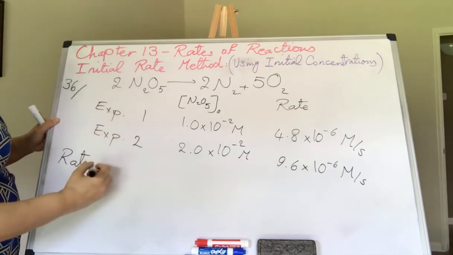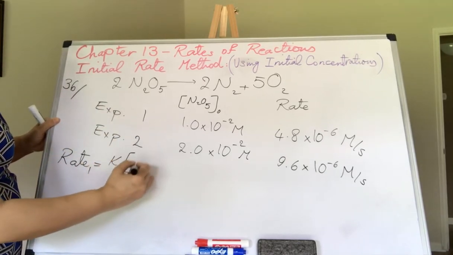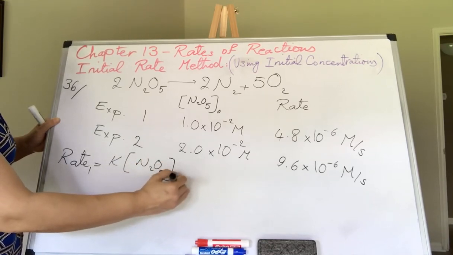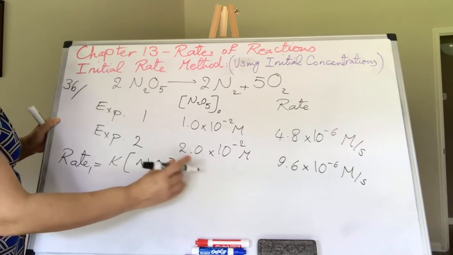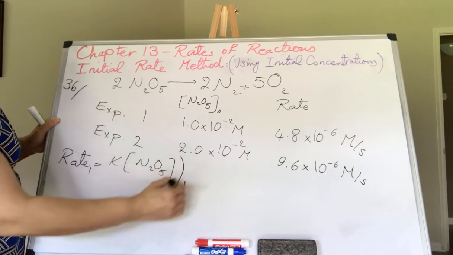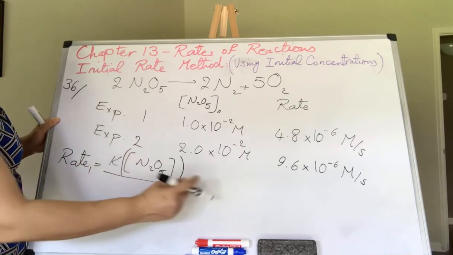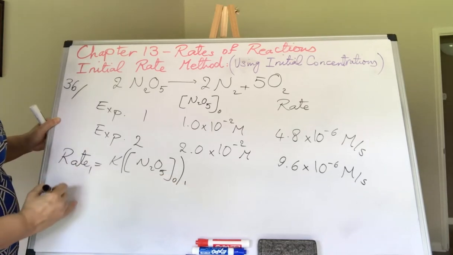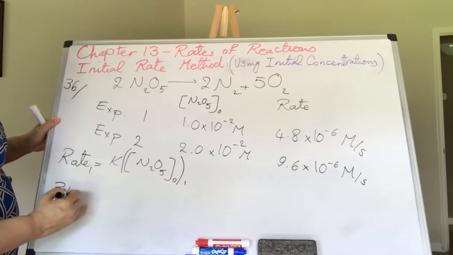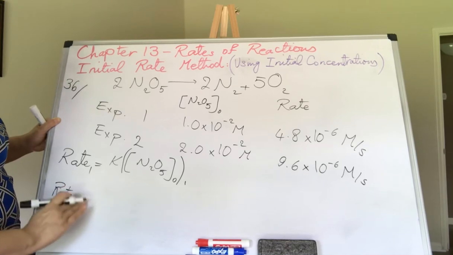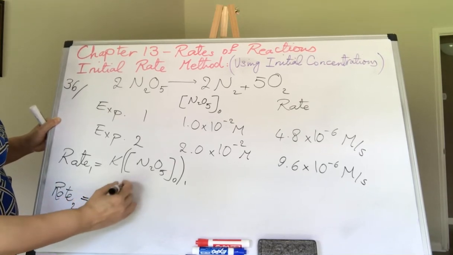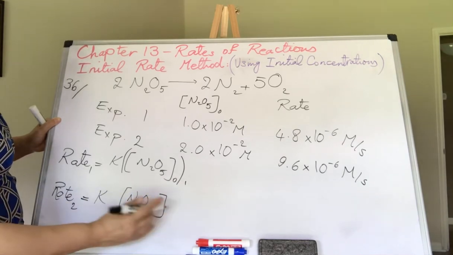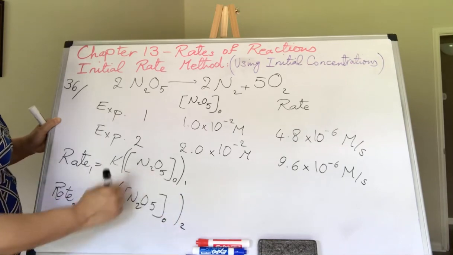Rate 1, for experiment 1, is K times N2O5 initial to the power of M. And rate 2, for experiment 2, is K, which is constant and doesn't change, times the initial concentration of N2O5 for experiment 2 to the power of M.